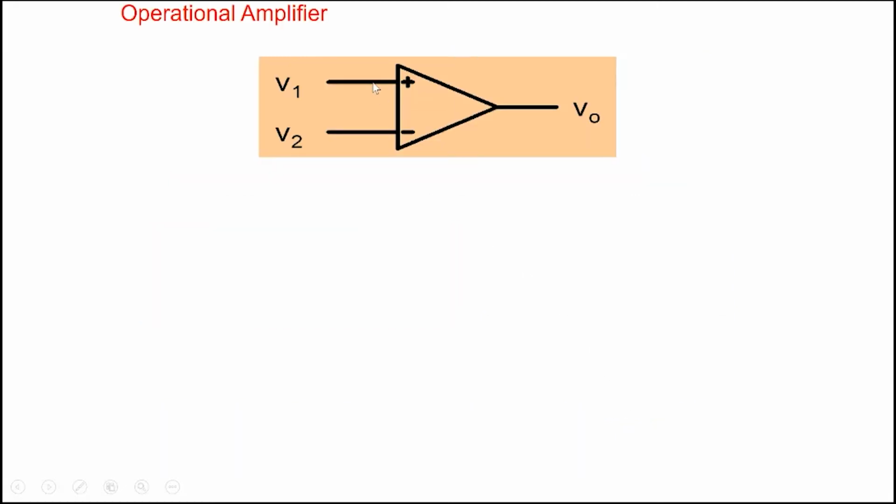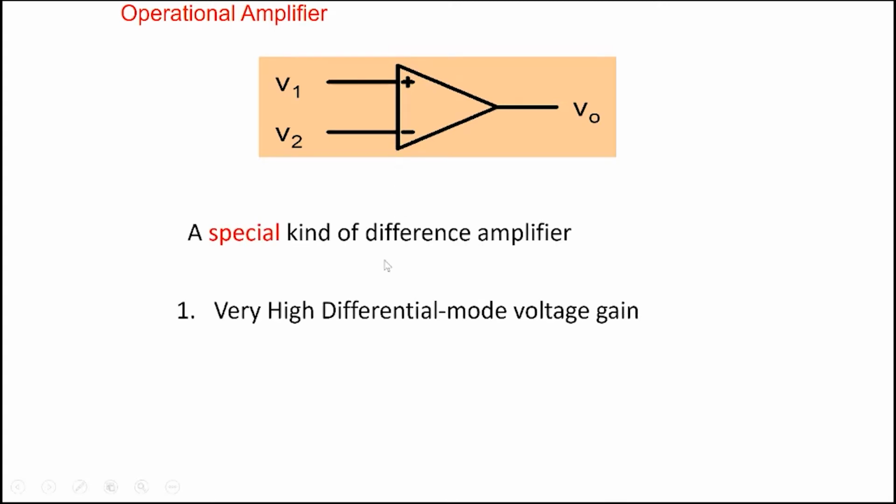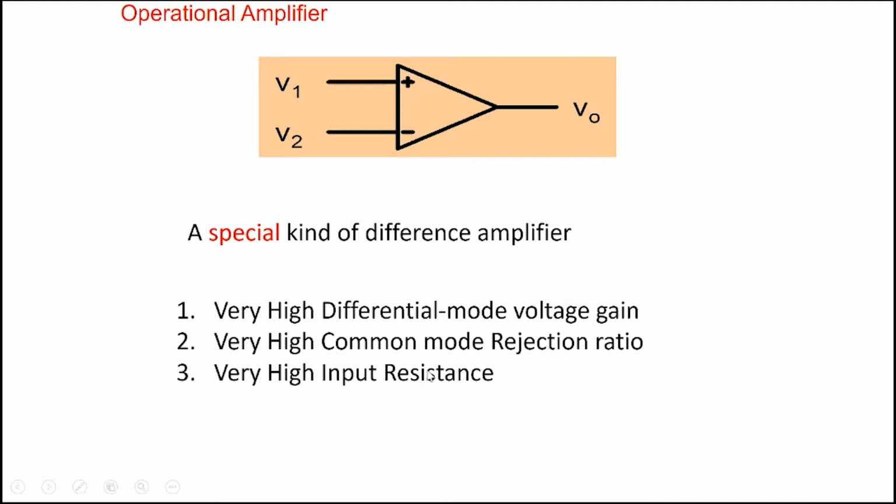So an operational amplifier is a special kind of difference amplifier. What is special about it is that it has a very high differential mode gain and a very high common mode rejection ratio. It has very high input resistance, so when you look into this circuit, the resistance is very high, and very low output resistance.